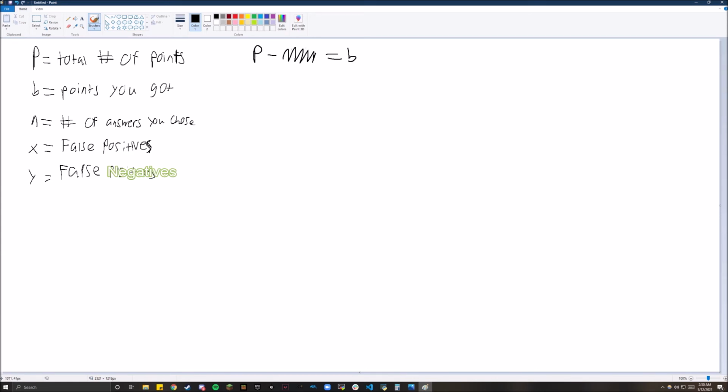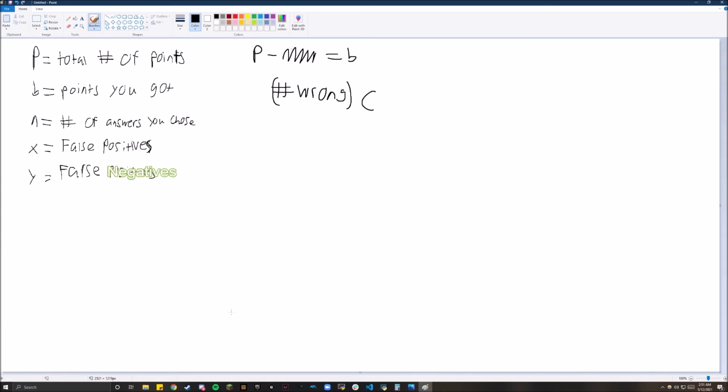So P minus something equals the points that you got. So the key here is, what is that something? That something is the number of wrong answers times the cost of getting it wrong.